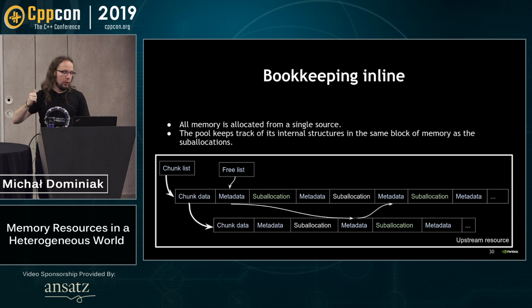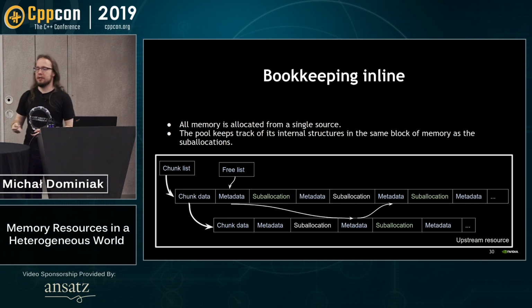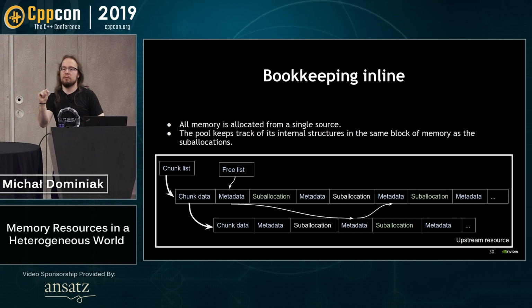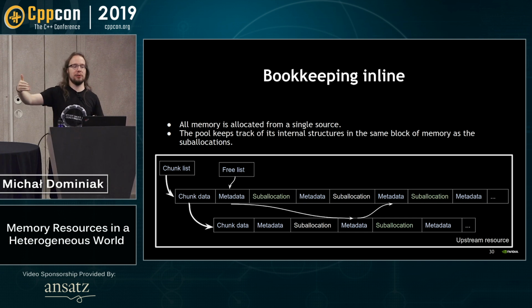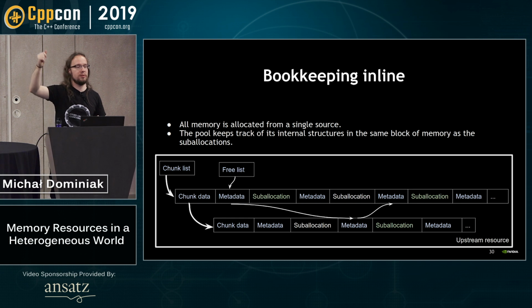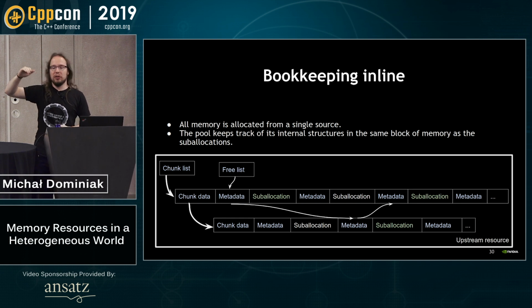So to keep track of these free allocations and keep track of this list, because we cannot make more allocations from upstream because that would go counter to trying to make less calls to allocate of upstream, you are going to keep the metadata and the suballocations together.